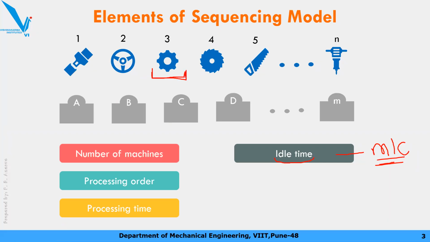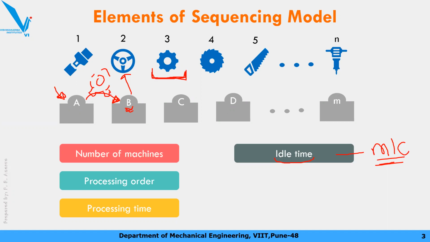You are working on a gear, and you started with machine A, some work was done here. Then this gear should be transferred to machine B, but machine B is already working on a steering wheel. So your gear is going to wait in the inventory or on the shop floor for some period of time.